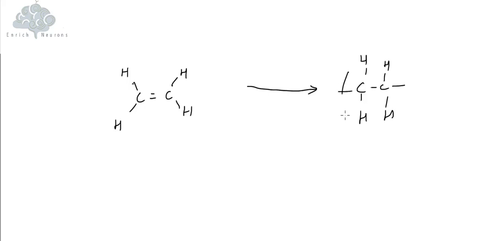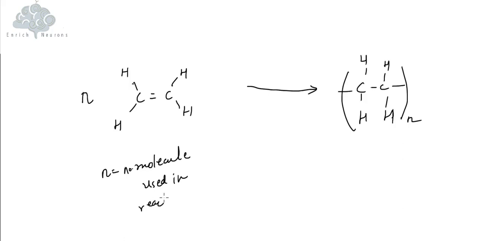Whenever you write an equation for polymerization, you would always see an n present here and an n present at the bottom. So what does this n mean? n basically means the number of molecules used in the reaction, in the case of the reagent, and the n here represents the number of repeating units.